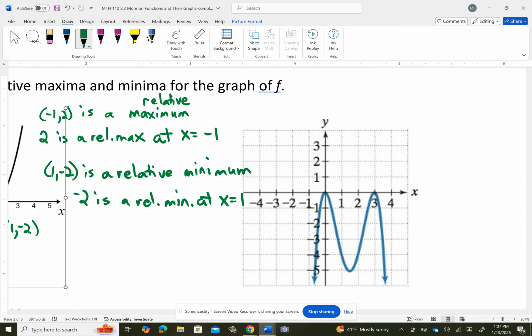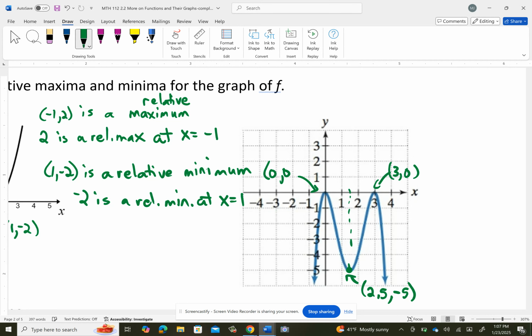All right, so over here, there's one low point. Okay, it looks like it might go below -5, but let's estimate that point right there. Let's say that point is at 2.5, -5. These 2 points appear to be right on the x-axis. This one is the point 3, 0. This point is the 0, 0.